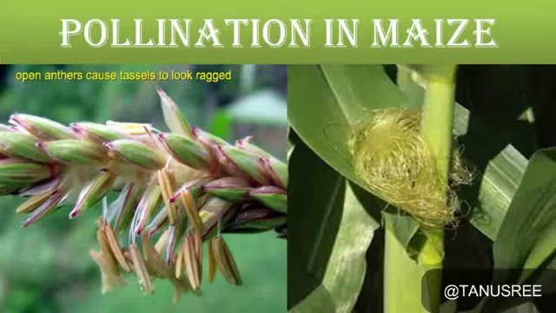Let us now see a demonstration of pollination in maize. Note the staminate flowers with versatile anthers and the pistillate flowers with a feathery tuft of stigma to hold the pollen grains blowing in the wind.